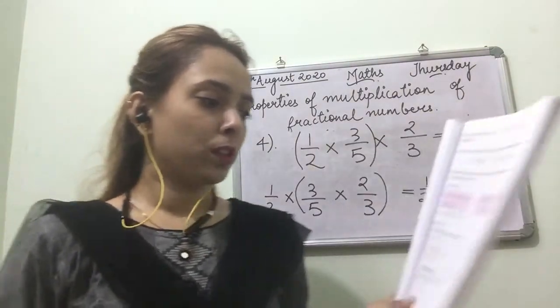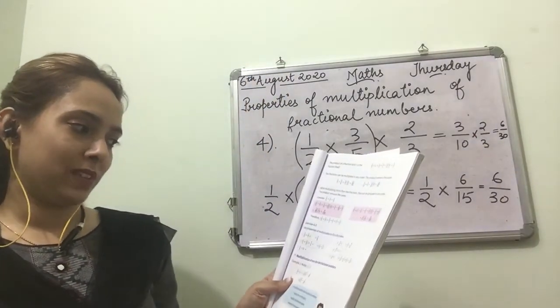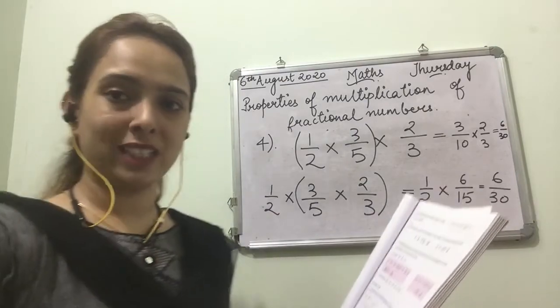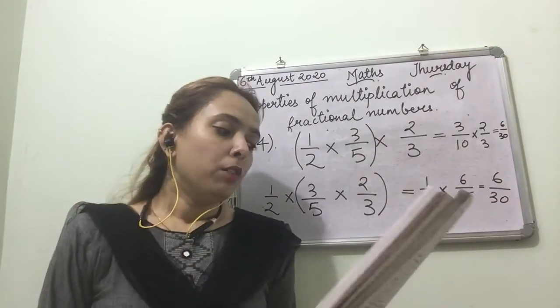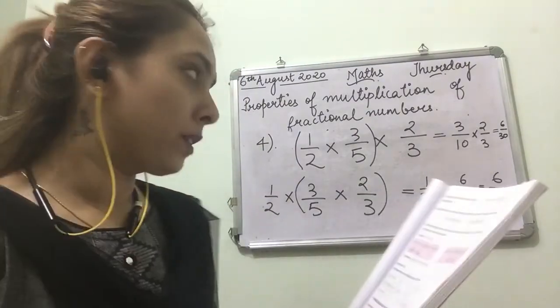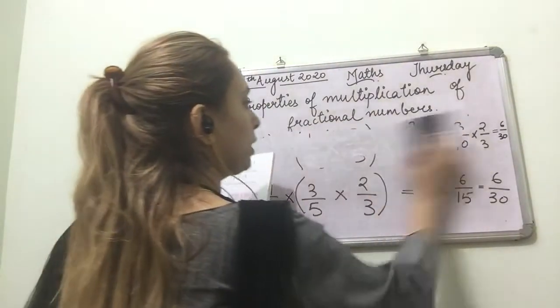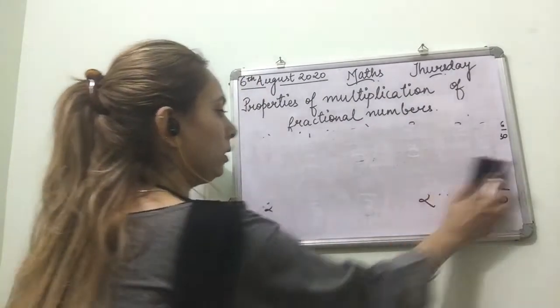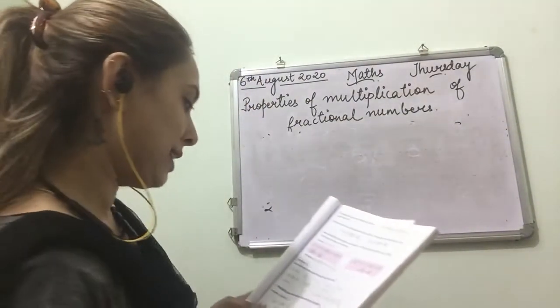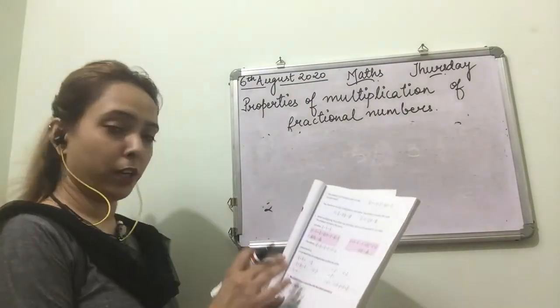So students, I would like to explain the first sum of exercise 4.5, 5 upon 8 multiplied by 2 upon 7. Let's solve this question first. Here the question says use properties of multiplication to fill the blanks.